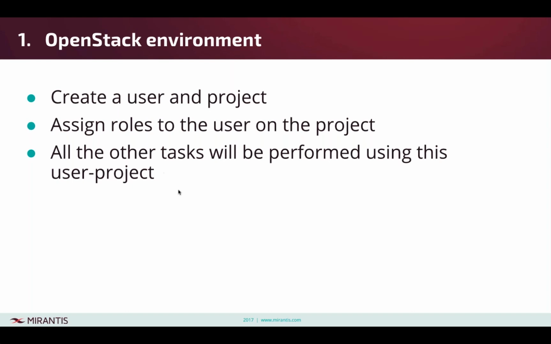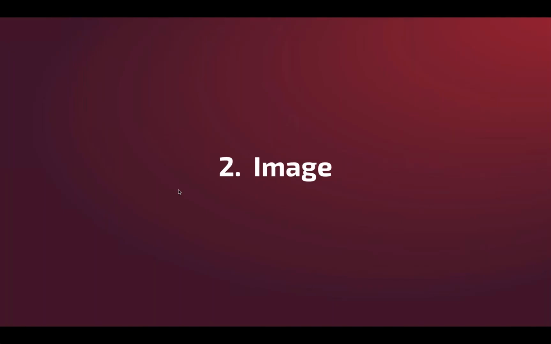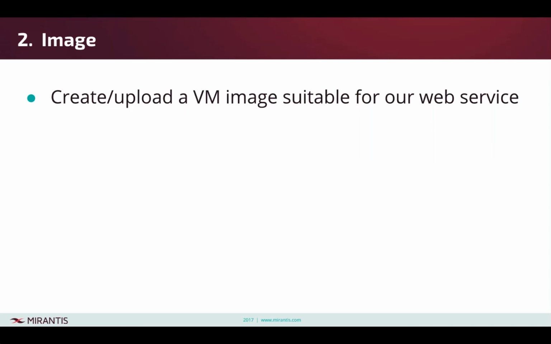So that is the initial step you have to perform to create your environment. The next step to create our web services will be to create or fetch from somewhere and upload the right image, which will be suitable to run virtual machines for our web services.